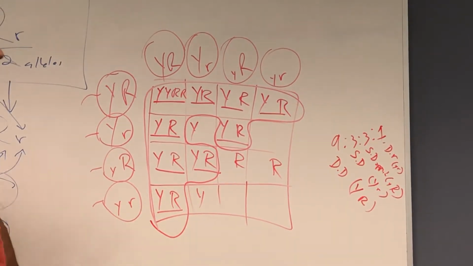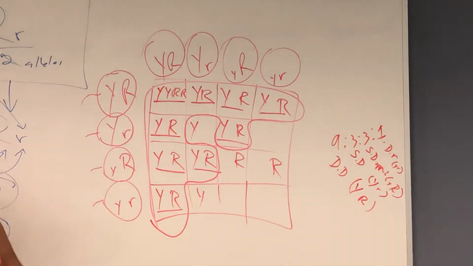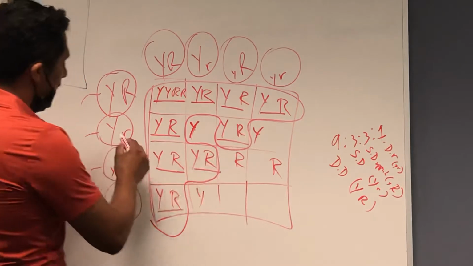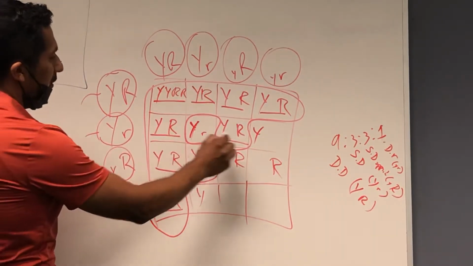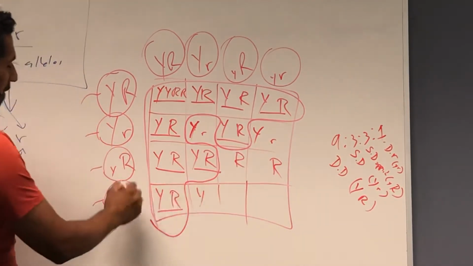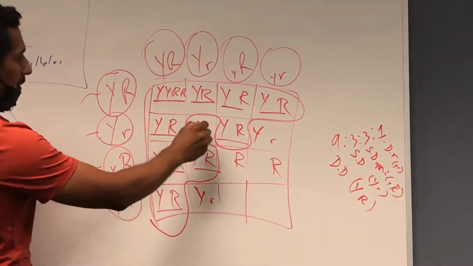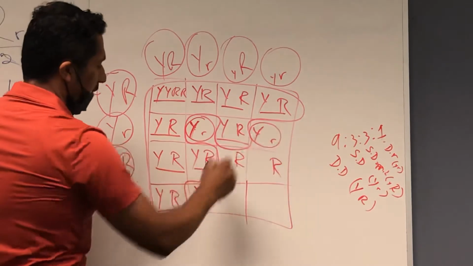Okay. Single dominant. 3 single dominant. So you can do this one, big Y right there. This one, big Y. Here, this one with little r. This one, little r. And this one, big Y and little r. So these 3 single dominant, right?